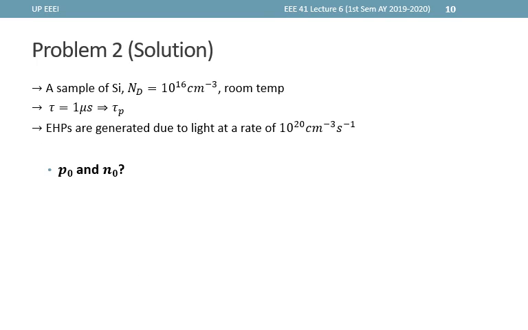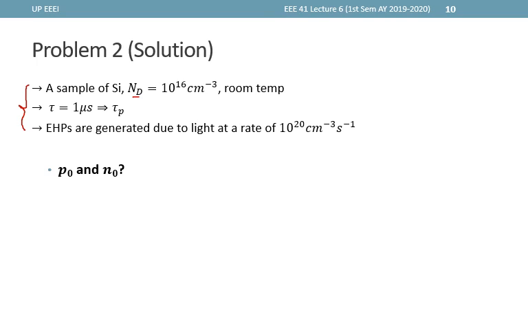We first summarize the important pieces of information from the given. So we have a silicon sample. We now note that Nd is equal to 10 to the 16, since arsenic atoms are donor dopants. It is also mentioned in the problem that the material is at room temperature.